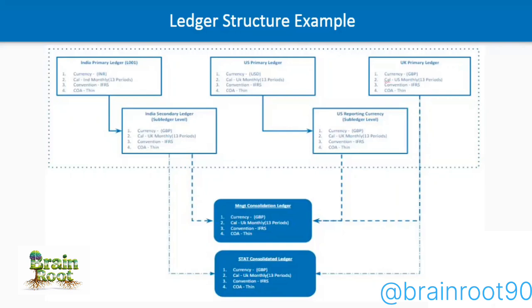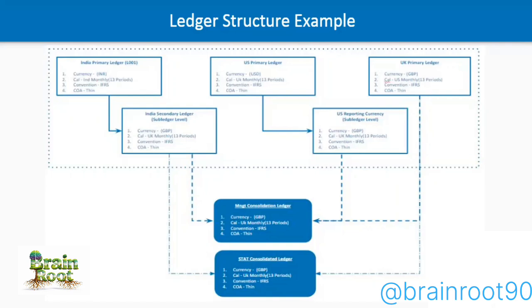Because here everything between the three is the same, correct? All the 4 C's are the same, so there are no issues in consolidation. You can pull all the information into the consolidation ledger and have one view from this place. You can get the reporting for the whole group of companies.